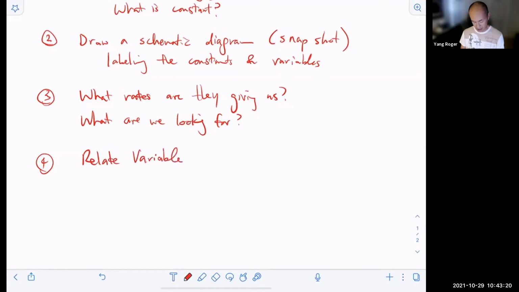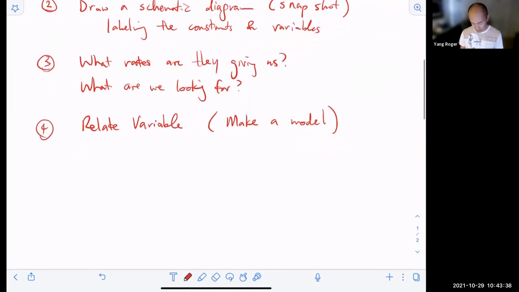And this part is the part where I talk about making a model. Right? So I really wanted to list the different models that we've experienced so far. This is not a comprehensive list, but it's a representative list, I guess. So the first one we'd have is some sort of well-known geometric situation.